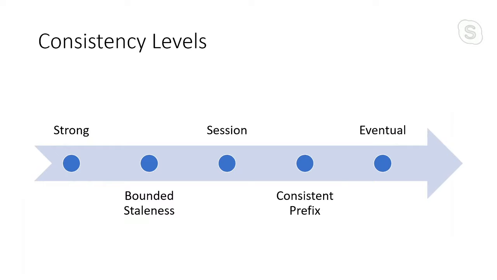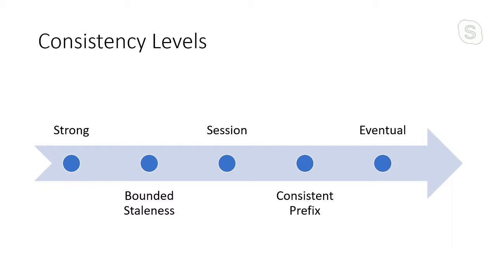Cosmos is a NoSQL database, and one of the things we have to talk about is consistency. This means that when a database is distributed across the globe, and let's say you write data to one region, the laws of physics dictate that it takes a while to replicate to another region, whether it's single-digit milliseconds or seconds.